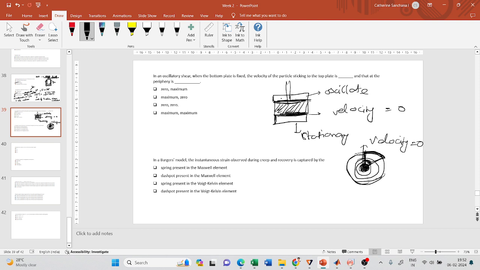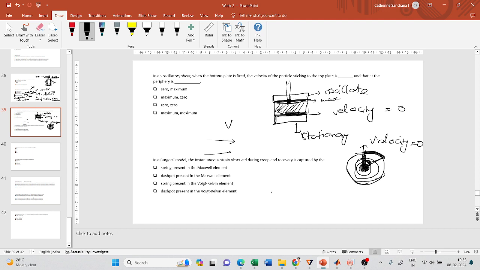So even if I take the top plate, I simply cannot say that the material sticking to this top plate is subjected to a velocity of v. Unlike a translatory motion, since this is a rotational or oscillatory motion, the velocity at the center of the material sticking to the top plate is 0, whereas at the periphery it is maximum.